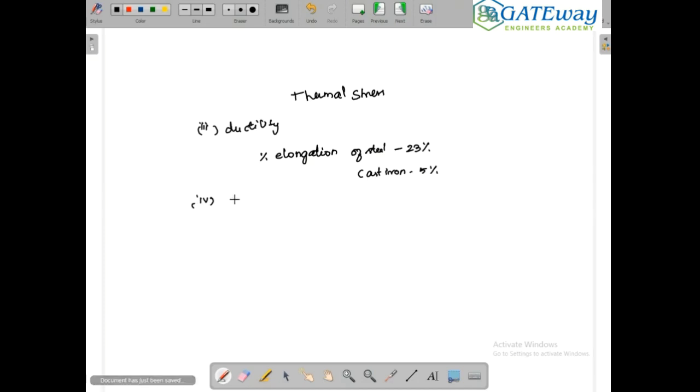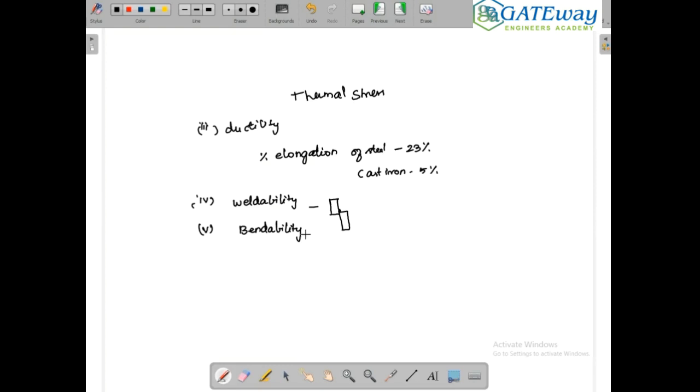And we have to check for weldability. Then bendability. We take it for the next floor level, there is a welding. In case of steel, it is easy to weld.